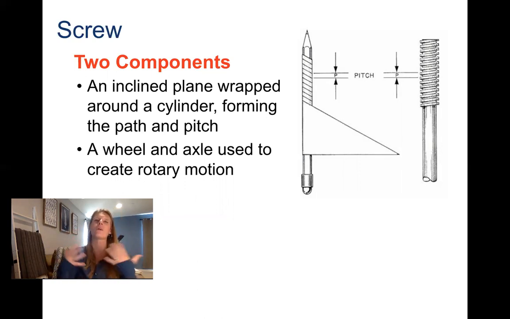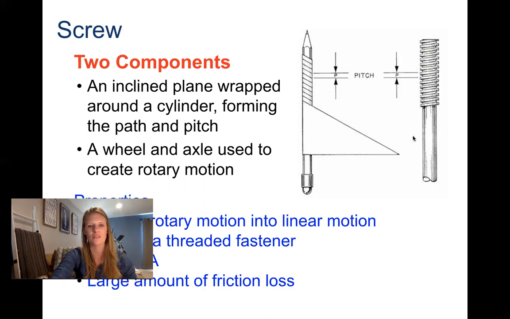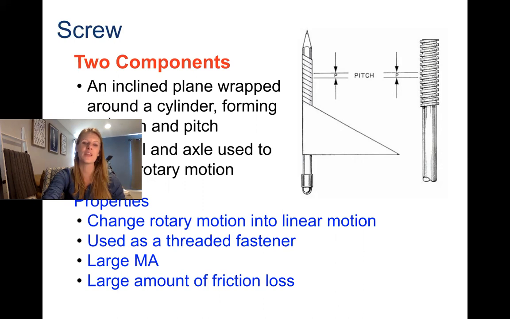These always will have a mechanical advantage greater than 1, a lot of times way greater than 1. Screws tend to be very, very efficient. So let's look at this. The properties are that they change rotary motion, they're used as thread fasteners, they have a very large mechanical advantage, but there's also a large amount of friction loss.